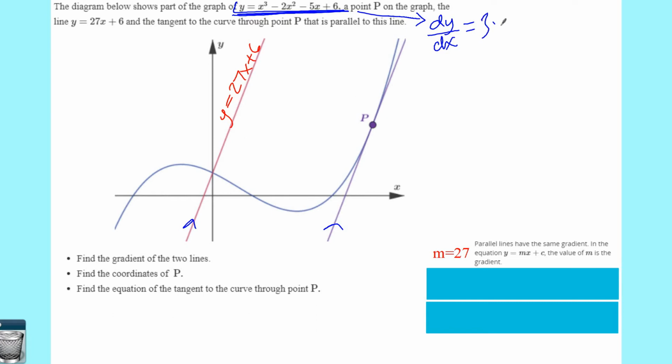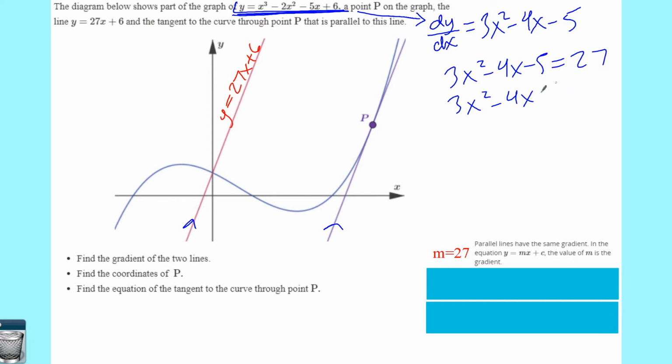So let's see, what do we have? 3x squared minus 4x minus 5, same one as before. So that derivative must be the same slope as the other line. So 3x squared minus 4x minus 5 must equal 27. 3x squared minus 4x minus 32.